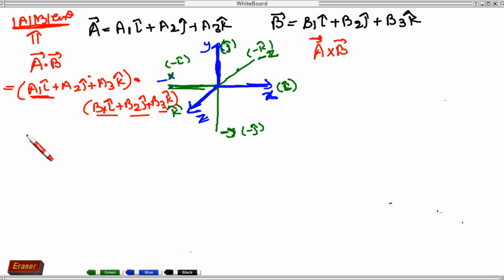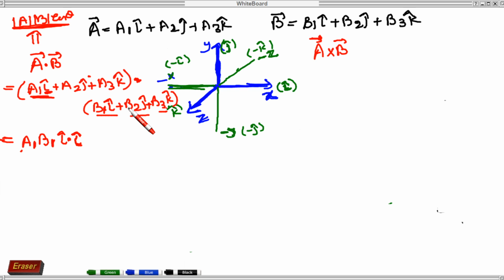So what will happen? a1 b1 i. It's a magnitude, so I have multiplied it like this. Now what will this be? It's dot written over here, so it will become i dot i.